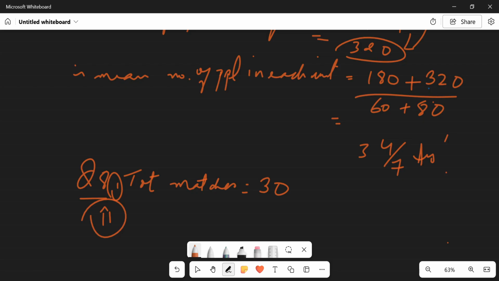So part 2: 6 matches times 0 goals, then plus the second data, 8 matches, and in 8 matches the number of goals is only 1. And then 5 matches and the number of goals only 2.